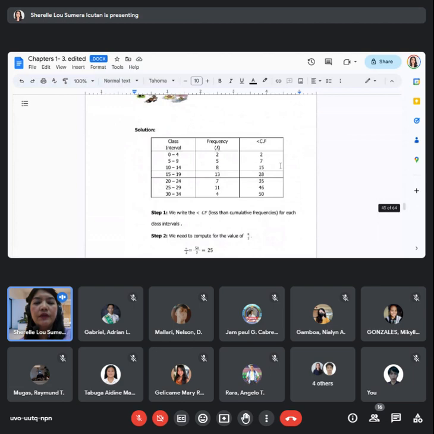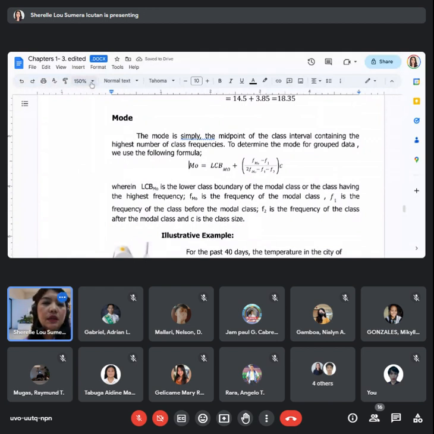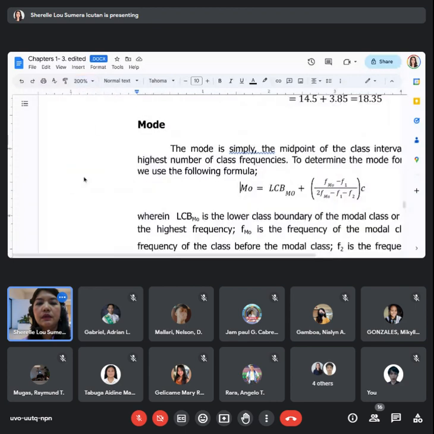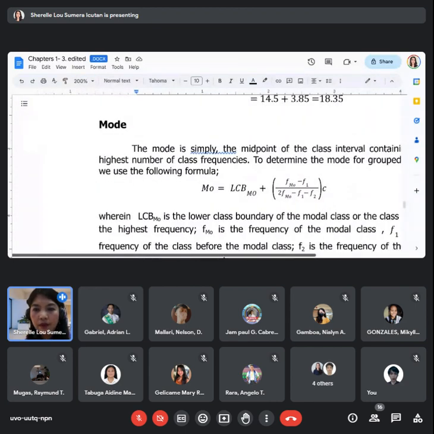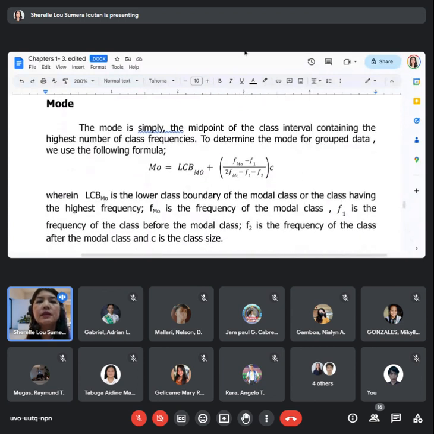That is the formula for the median. This is the formula for the mode. Siguro lakihan natin, yung percent, 50, 200. Okay, can you see the formula for the mode? Yes or no? Kita nyo? Nakikita po. Okay, good.